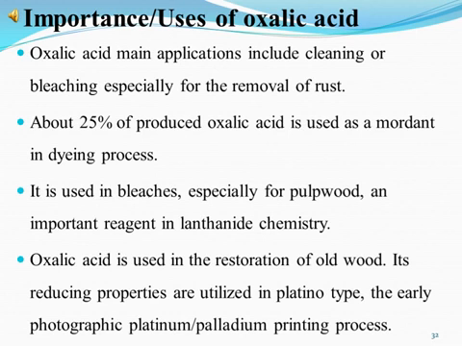The lanthanide series of chemical elements comprises the 15 metallic chemical elements with atomic numbers 57 to 71, from lanthanum through lutetium. These elements, along with the chemically similar elements scandium and yttrium, are often collectively known as the rare earth elements.